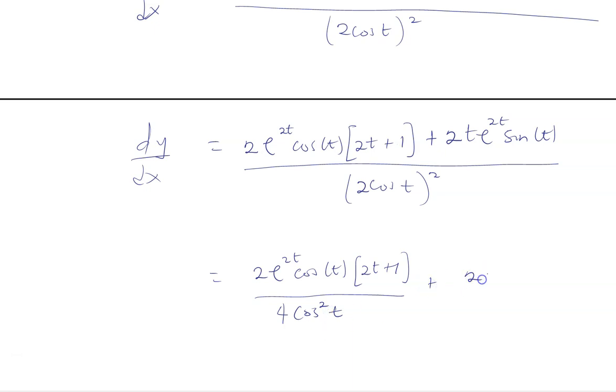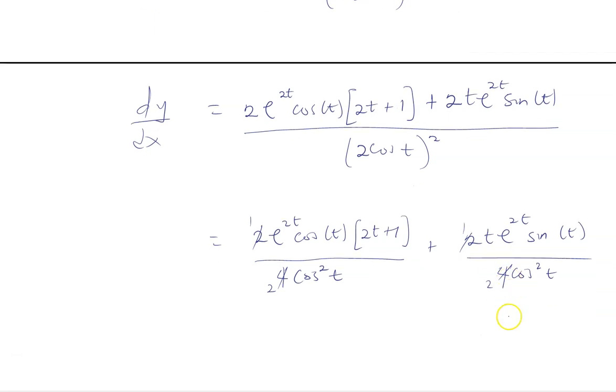Plus 2t e^2t sine t, all on 4 cos square t, right? So here 2 cancels 2 here, then we have 2 at this side, 2 cancel itself, and we have 2 at this side, right?